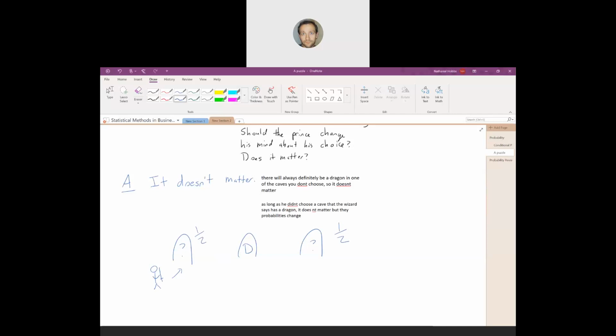Any other thoughts on this from anyone? One of the dragons, that's right. He doesn't tell you where both the dragons are. He just tells you that there's definitely a dragon in one of the caves that you're not walking into.